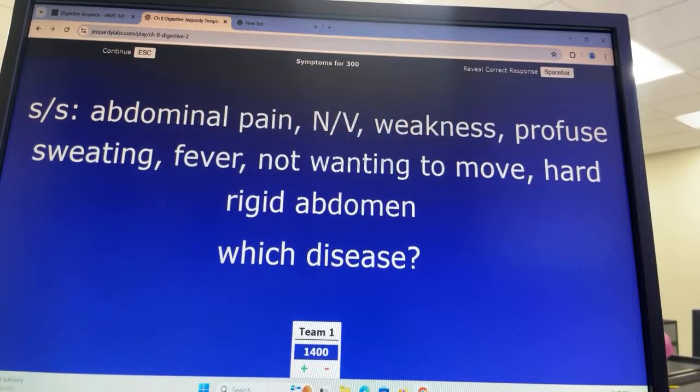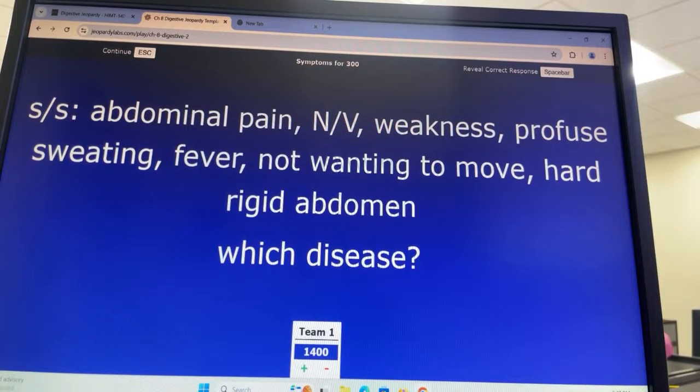All right, abdominal pain, nausea, vomiting, weakness, profuse sweating, fever, not wanting to move, and hard, rigid abdomen. So which of these symptoms stand out that are different? The hard, rigid abdomen, and possibly also not wanting to move.